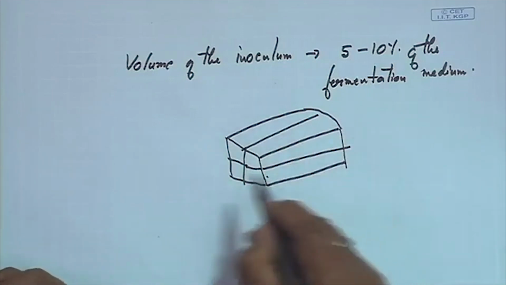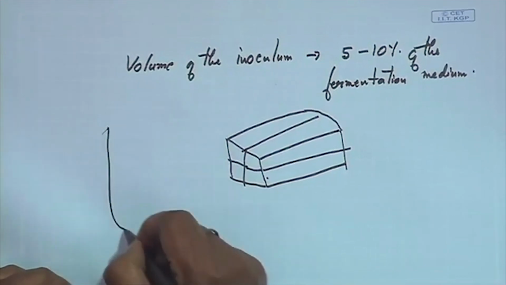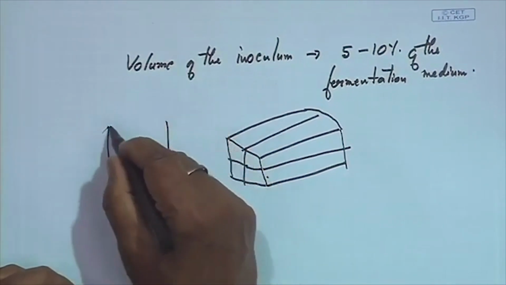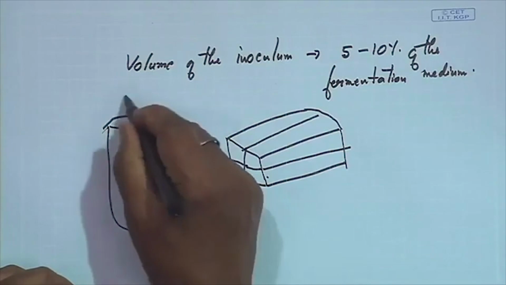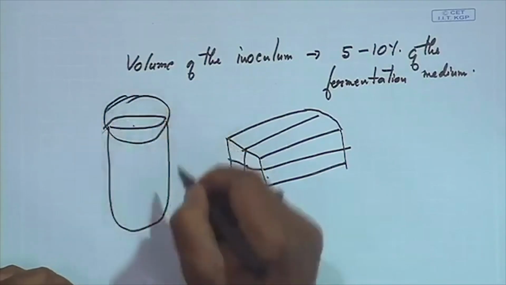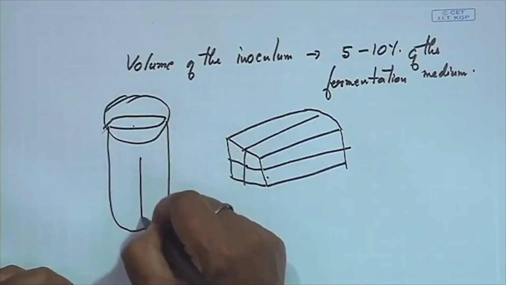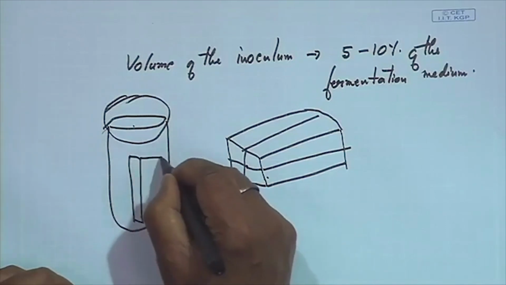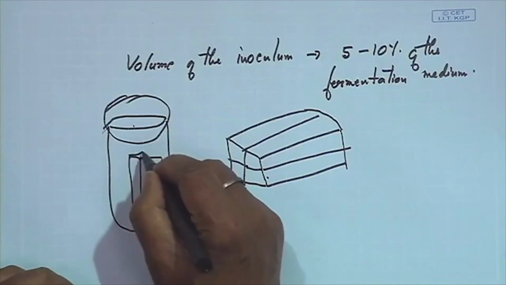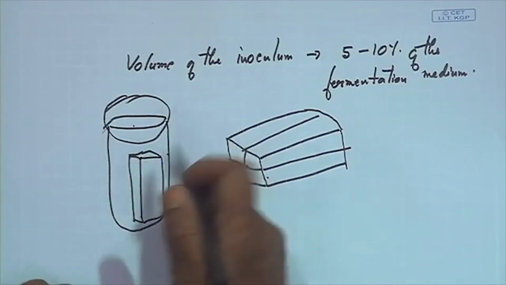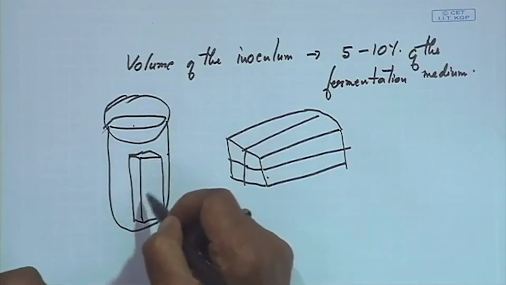We can have 4 pieces, and then in this test tube, this is the cotton plug. Then here we put this bread, and then we inoculate the organism here.